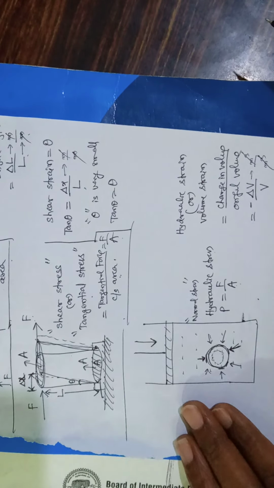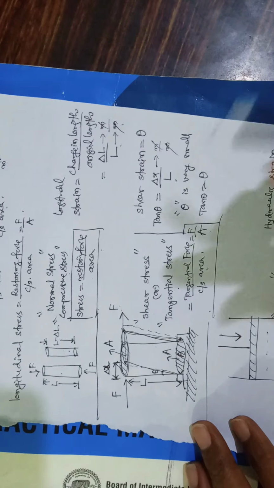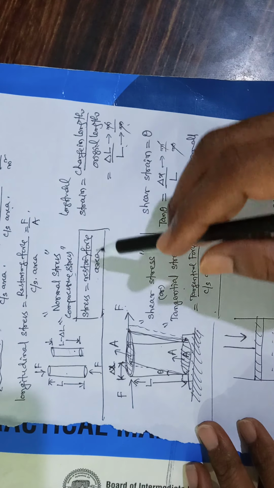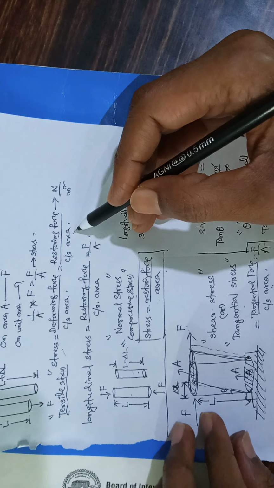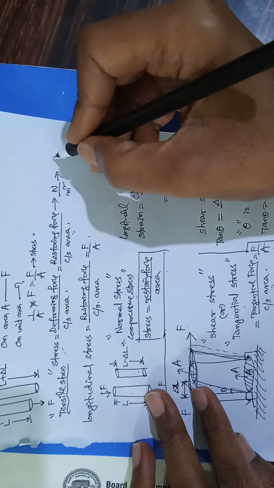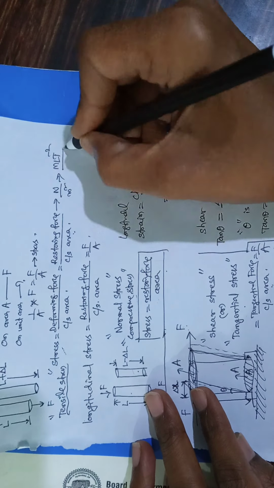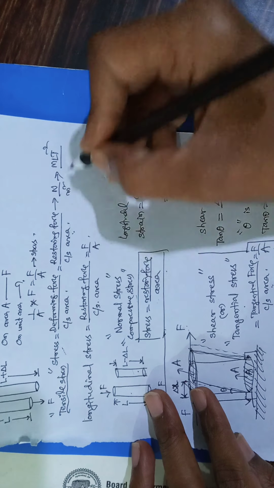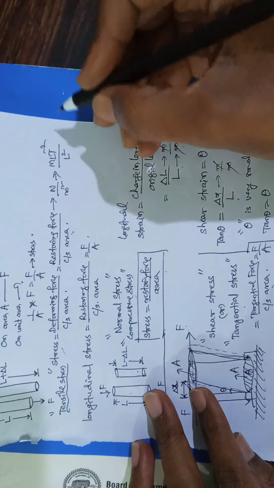Now let us go for the dimensional formula. First let us look at the stress. Stress is nothing but restoring force by cross-sectional area. For force, dimensional formula is M L T power minus 2. And here area, meter square, means L square.